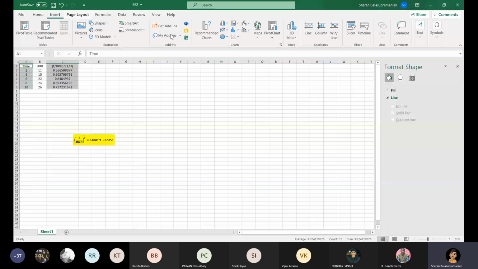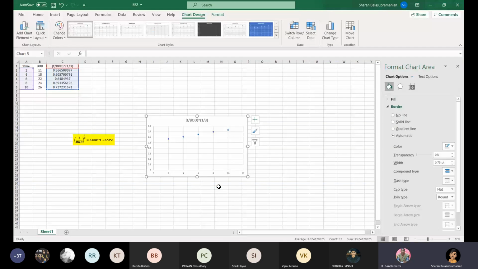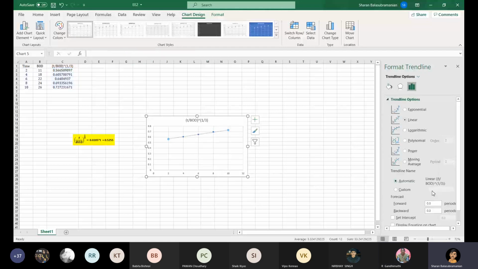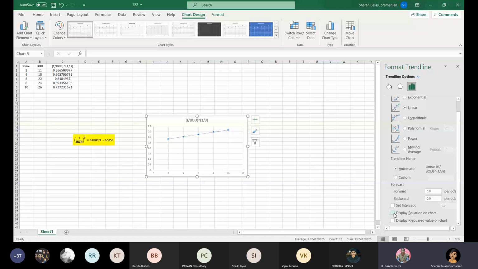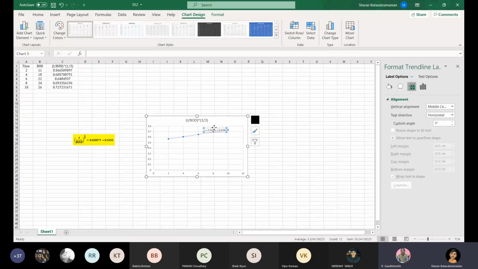After creating the scatter plot, we choose the point, right click, and then add trend line. Here we can add any regression line, exponential, logarithmic, or polynomial. In our case, it will be a linear regression line, and we can also display the equation. So here y will be t by BOD to the power 1 by 3, and x will be time.